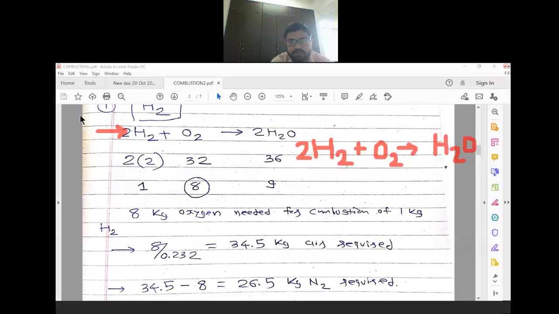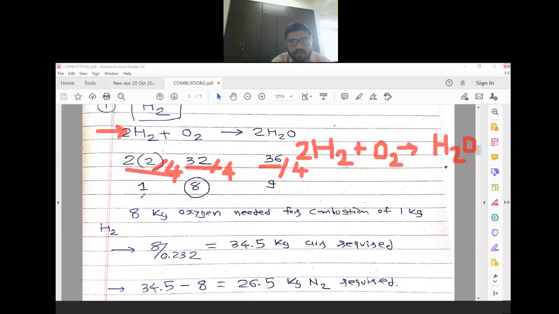In this formula you can see that 4 kg hydrogen, 32 kg oxygen, and the product will be 36 kg H2O. For 1 kg, we all know that we have to divide all the numbers by 4.